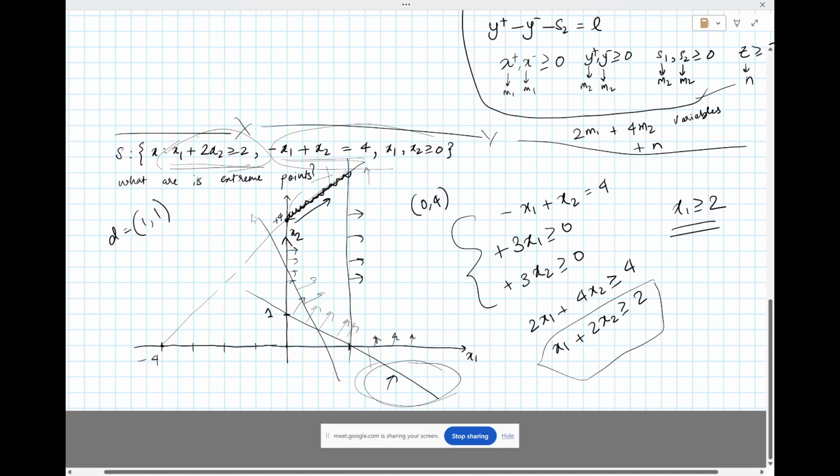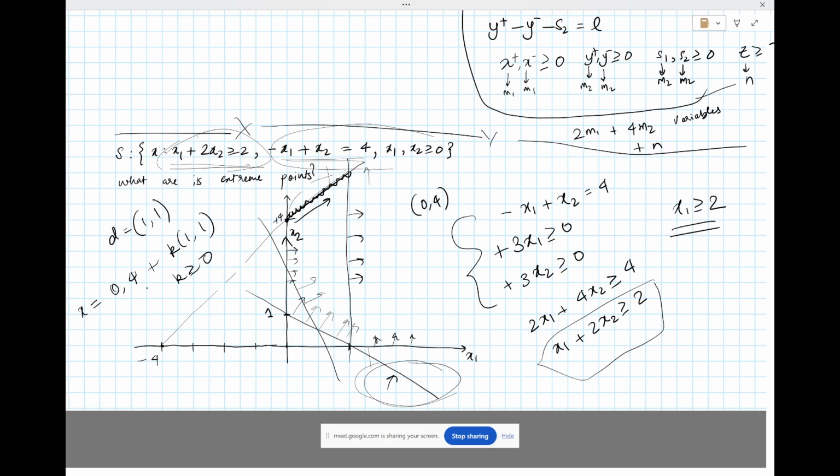So if I add any point 0, 4 plus k times 1 comma 1, it should satisfy it, and k is greater than 0, any x.